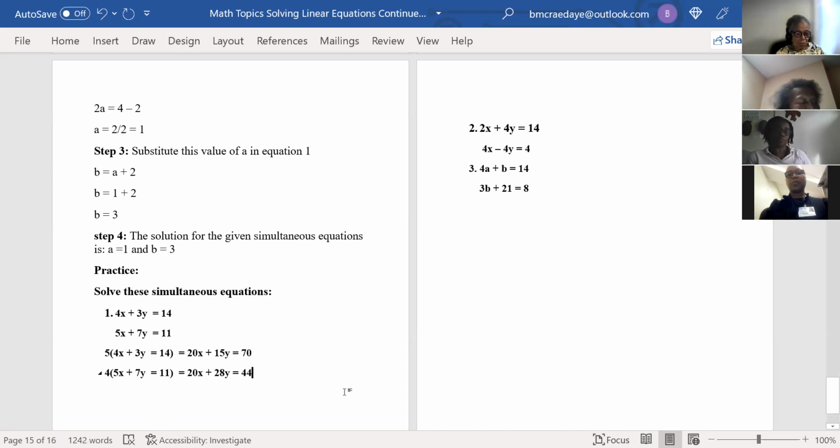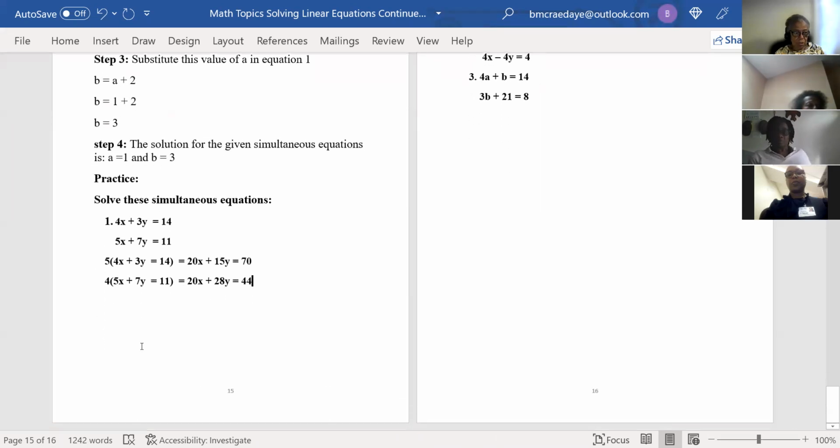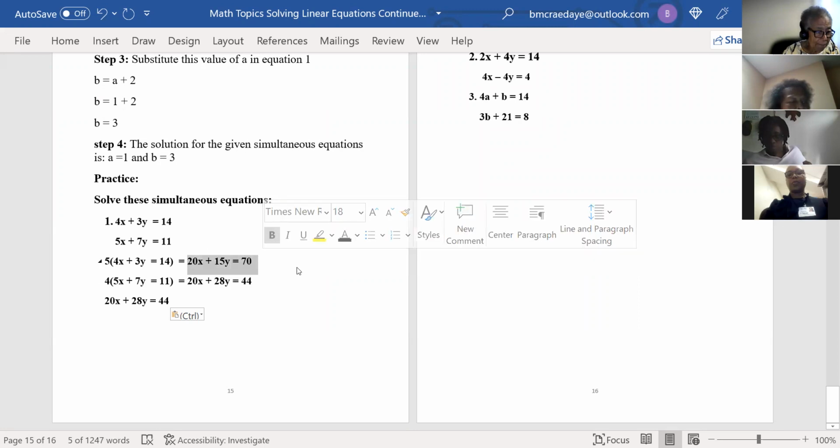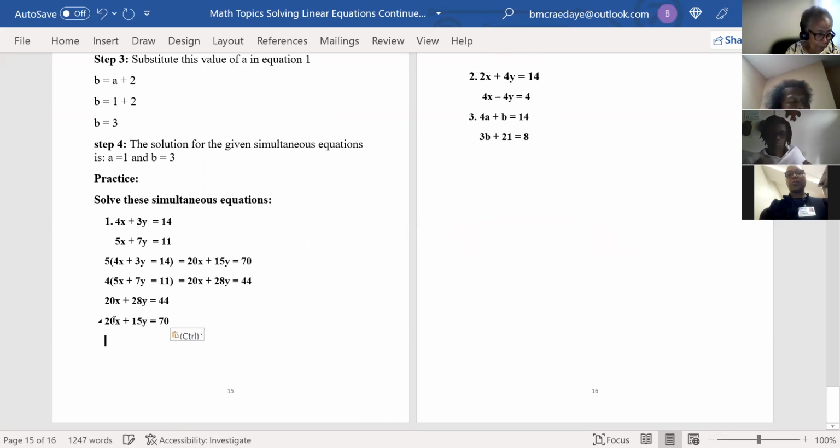Okay, now you've got your 2 equations and you're going to subtract one from the other. Let me just copy those 2 equations and then you do the subtraction. Let's take this one, put it here, and let's take the other one. Now I draw a line under this because you're going to do subtraction.